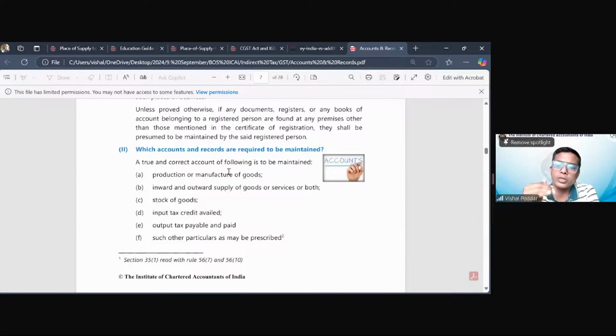But let me inform you, students, that in the erstwhile law, that is, before GST, where we had central excise, and in central excise before 2003, there were very strict rules relating to maintenance of books and records, where they had mentioned the names and given the format, and the extent was so great that they had even given colors.